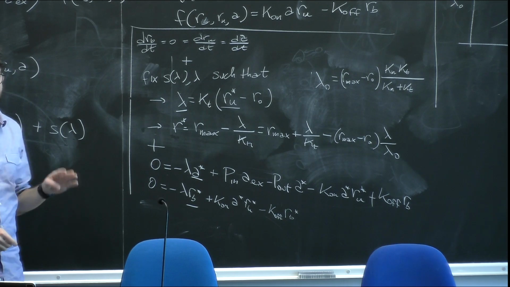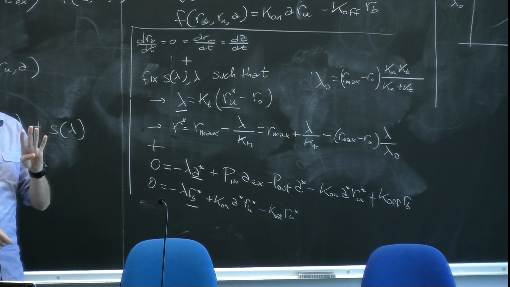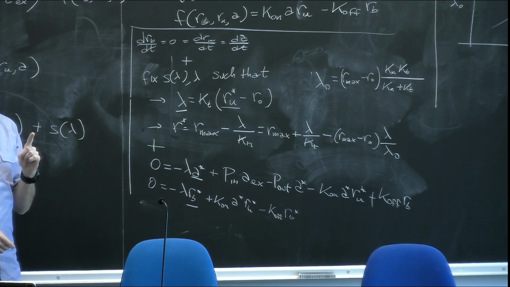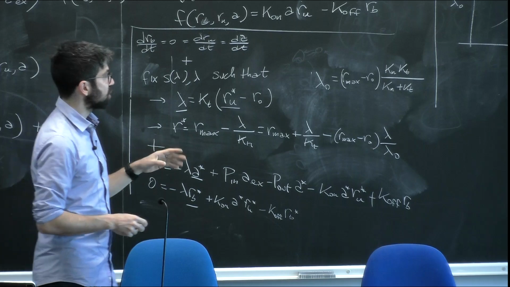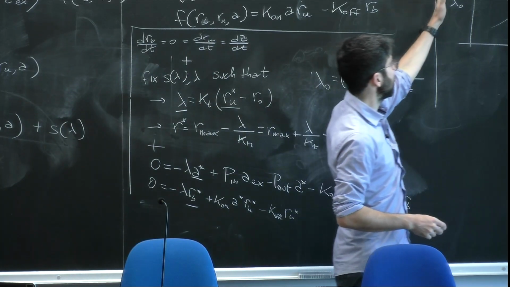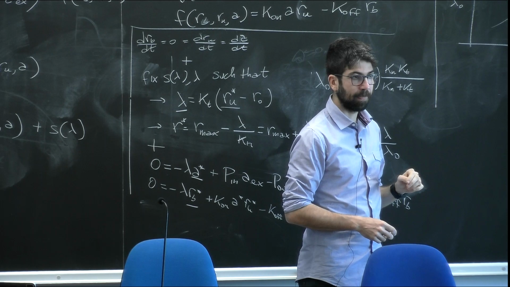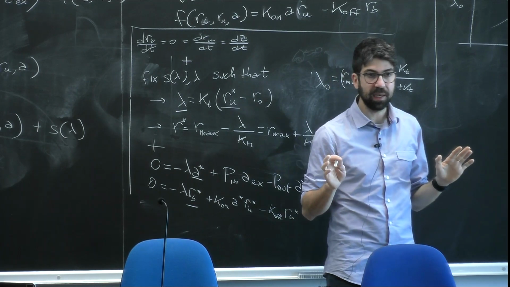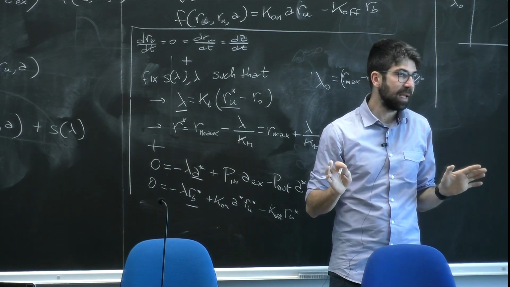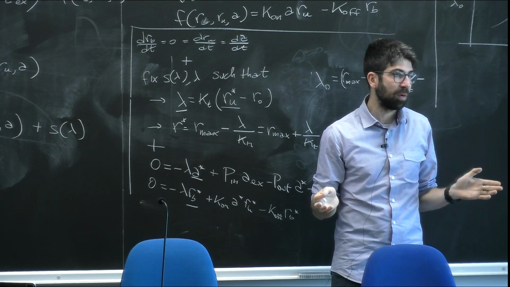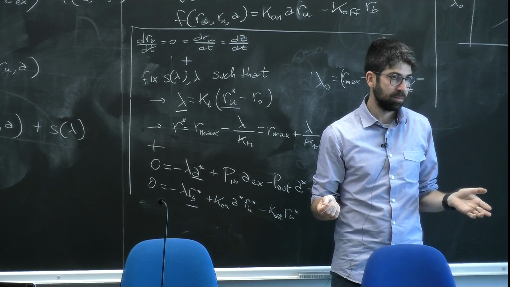So we have 4 equations and 4 unknowns, and the one we care about is lambda. What we want is to solve these equations to get an expression of lambda as a function of Ax. Is this clear? If this is clear, what follows is simple algebra.